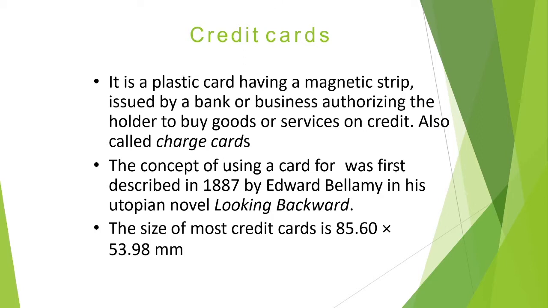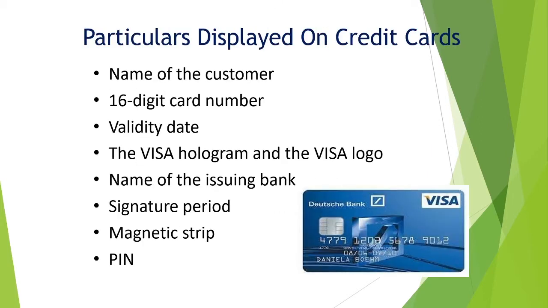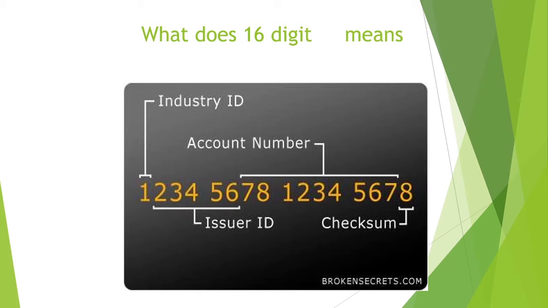The size exactly, all the credit card companies have to follow the size 85.6 by 53.98 millimeters. Eligibility, particulars displayed on card. Look at the 16 digits in 4 parts. One is the industry ID, credit card industry ID. Then the next 7 digits are the issuer, next 5 digits are the issuer, and 9 digits are the card holder account number, and the last digit is a checksum. You please check exactly the meaning of checksum.